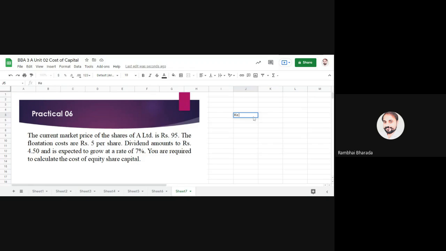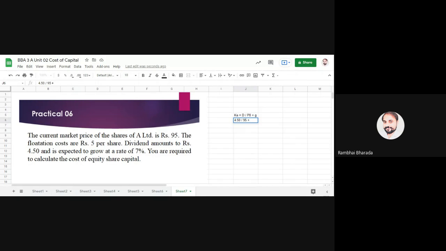Your Ke is equal to D divided by P0 plus G, remains the same. D, dividend here, is rupees 4.5 per share. So write down here 4.50 divided by P0. P0 means current market price, and the current market price is 95 rupees.